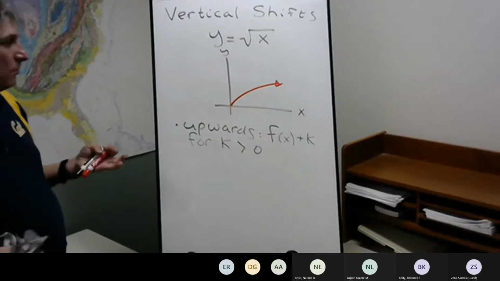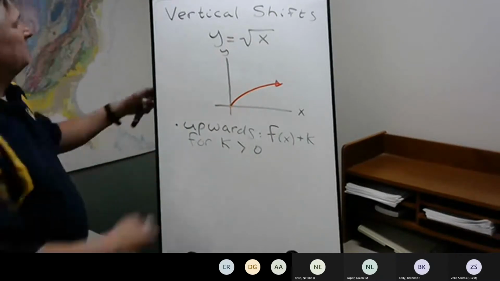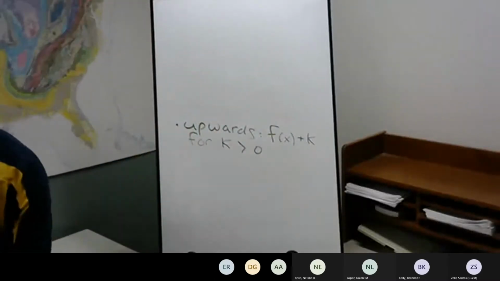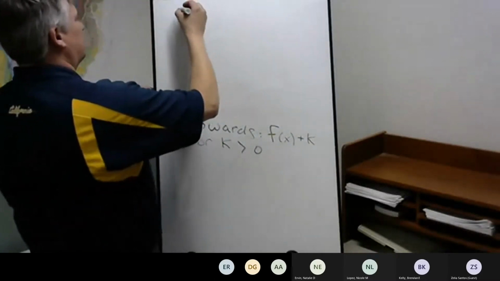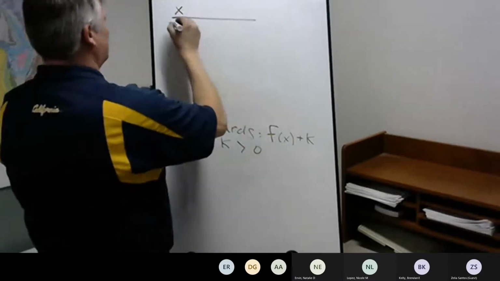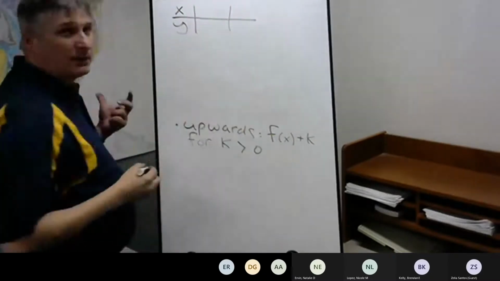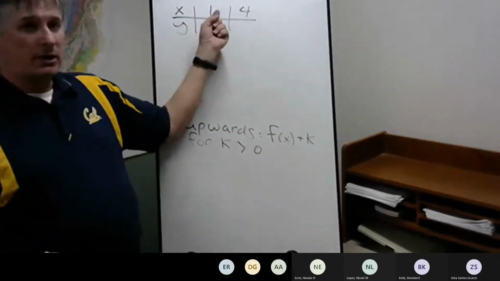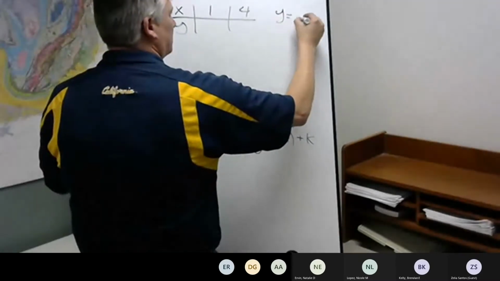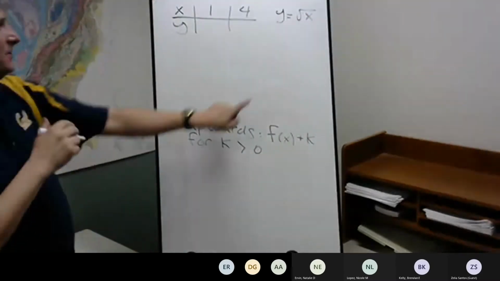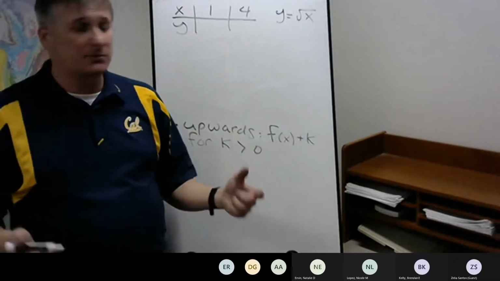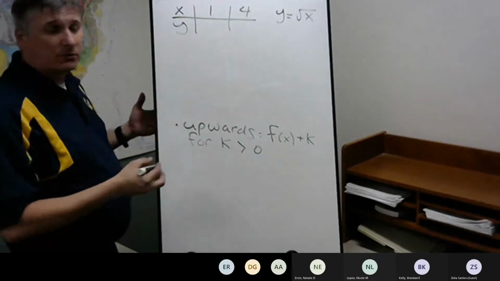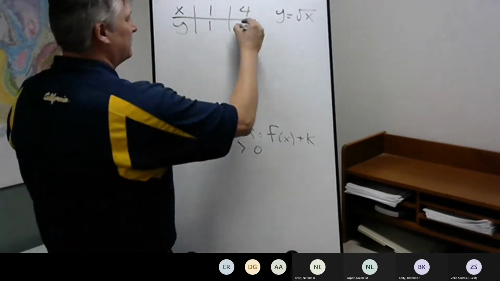So let me kind of go through why this is going to work. I'm just going to do a couple values. X is 1 and x is 4. So if we take the square root of 1, and again, this is for y is the square root of x, and this is the positive square root. If it wasn't just the positive square root, you'd see a plus or minus there. So square root of 1, positive square root of 1 is 1, positive square root of 4 is 2.